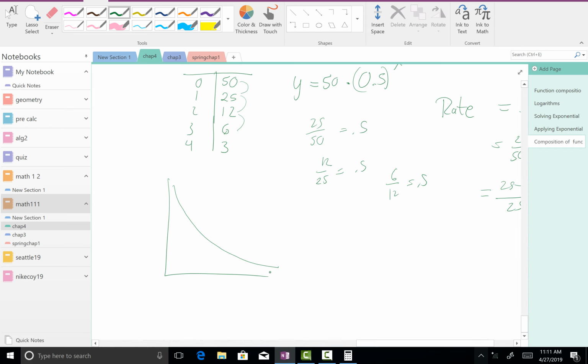Same as alcohol, eventually your body's going to filter it out exponentially. Populations die off exponentially. Money might decrease exponentially. Lots of things follow that pattern also.